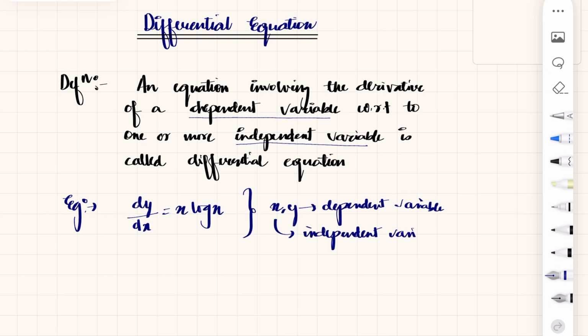Only one independent variable and only one dependent variable. So according to the definition, this equation is valid, and we can say it's a differential equation.